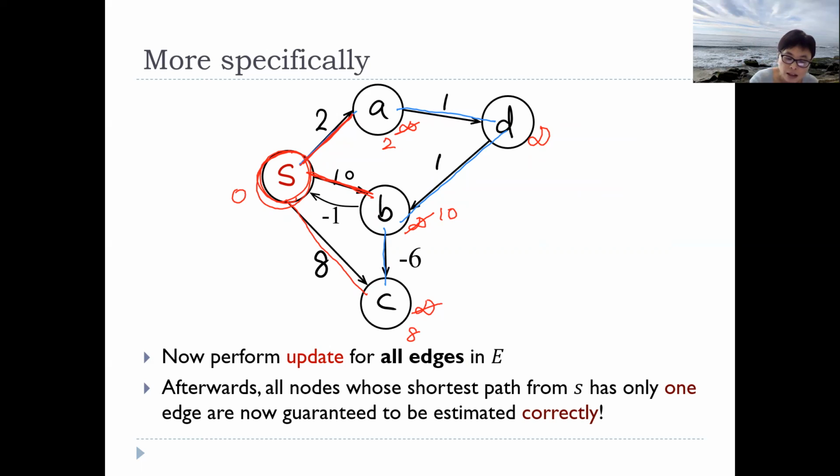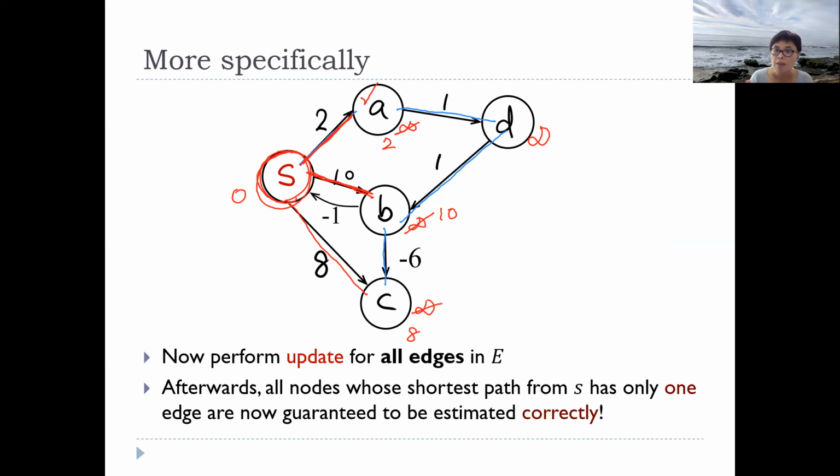So after this, we already got the shortest path estimate to A correct. The shortest path to other nodes, B, C, or D, may or may not be correct. We don't know. So this is after the first round.